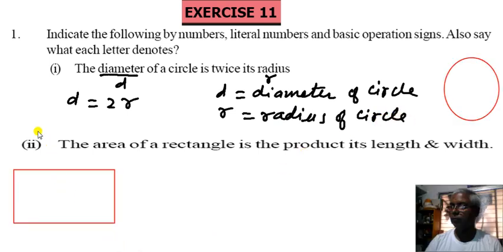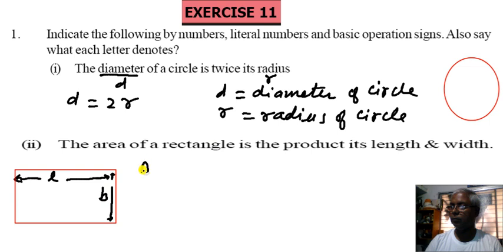Now come to the area of a rectangle. What is the area of a rectangle? You can see here, length is denoted by L and breadth is denoted by B. This one is given as a rectangle. It is the length and this one is your breadth. So area of rectangle is length into breadth.